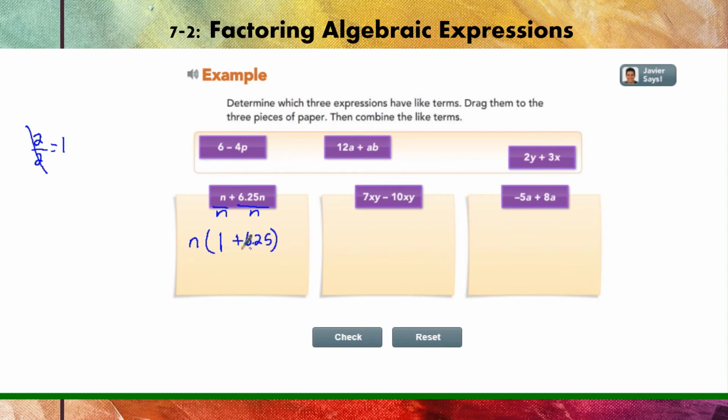So now we can combine what's in the parentheses. We'll have n times 1 plus 6 and 25/100ths is 7 and 25/100ths. So the final answer will be 7 and 25/100ths n. Now working on the second one, we're going to factor out the greatest common factor, which will be xy.